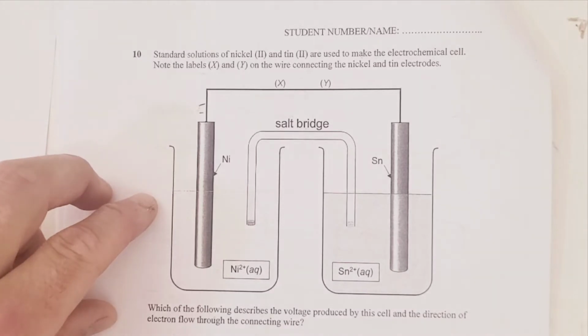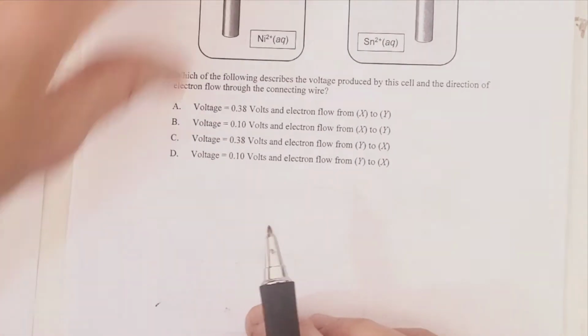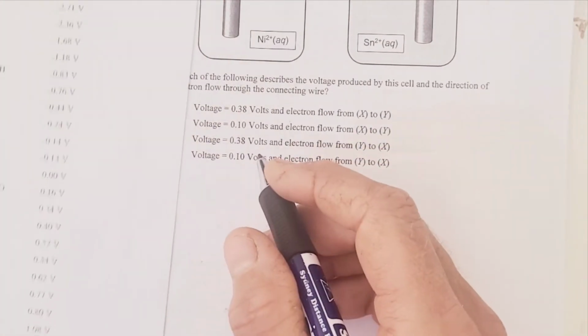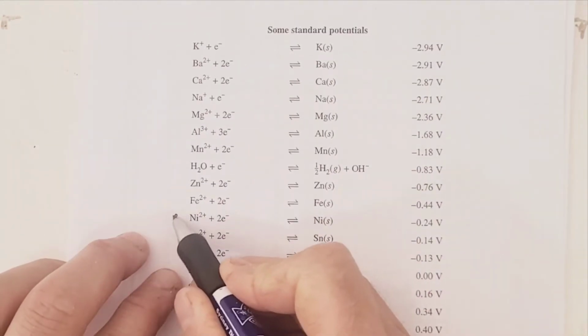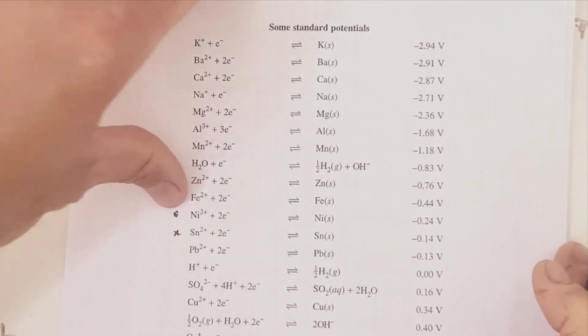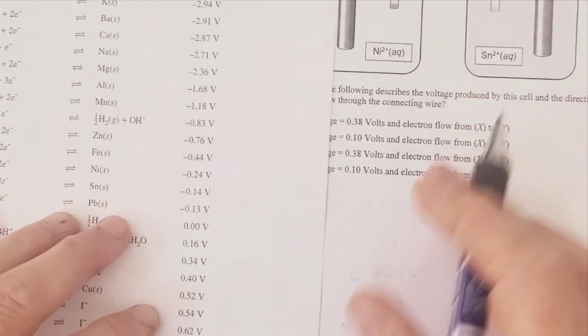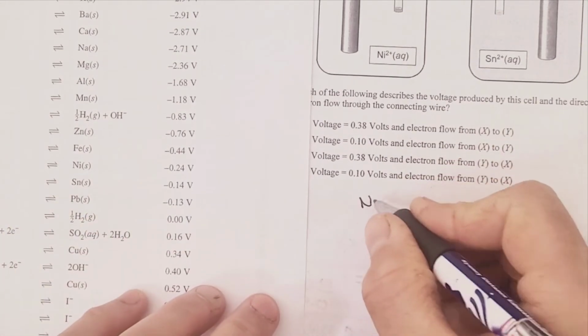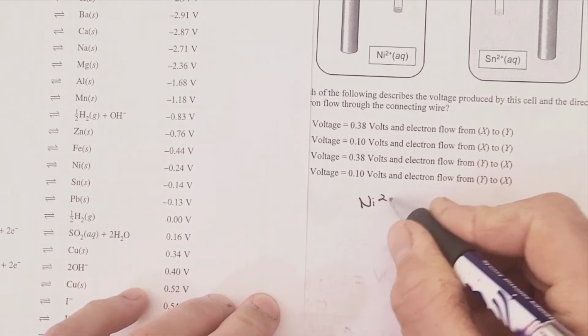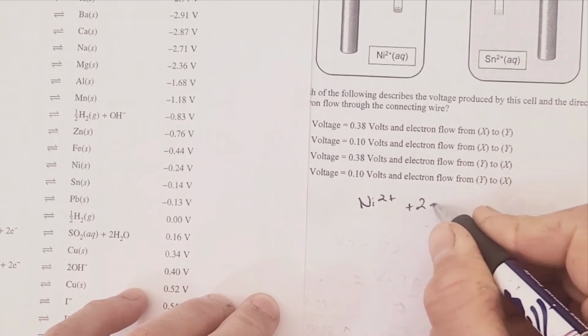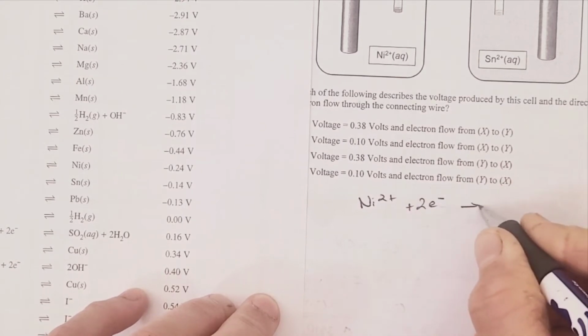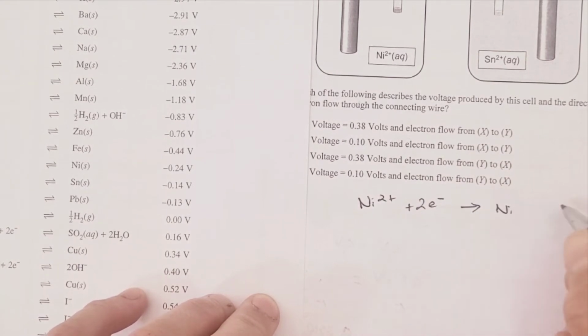Alright, well, let's just write down, see, I'm looking for nickel and tin. So let's just not think too much at this stage. Just write down Ni2+ plus 2e- gives Ni.